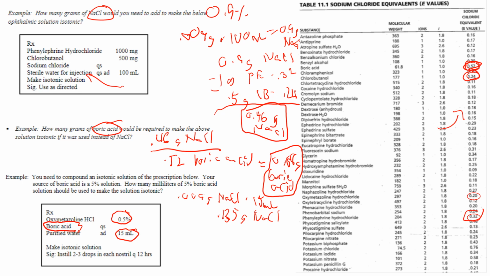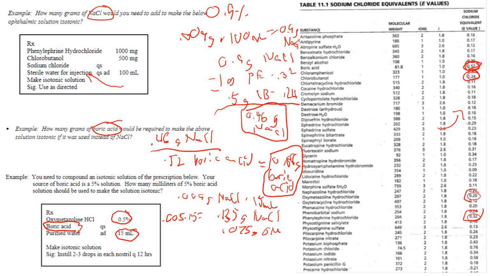Now we need to find the strength of oxymetazoline. Very similar to what we just did for sodium, we can do 0.005. Remember, because 0.5% divided by 100, that's how we get that, times 15 equals 0.075 grams of oxymetazoline, and then we also need its equivalence value.